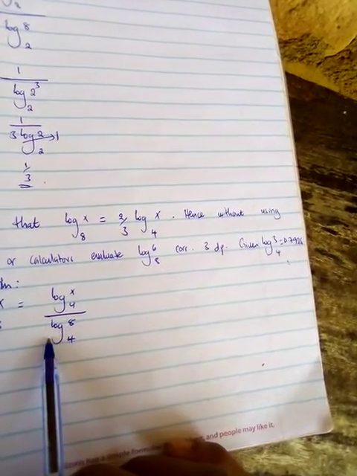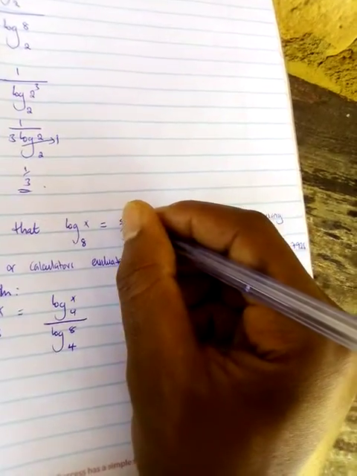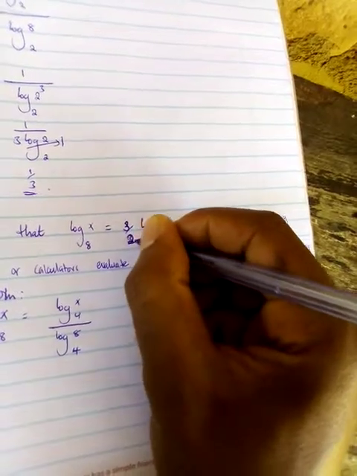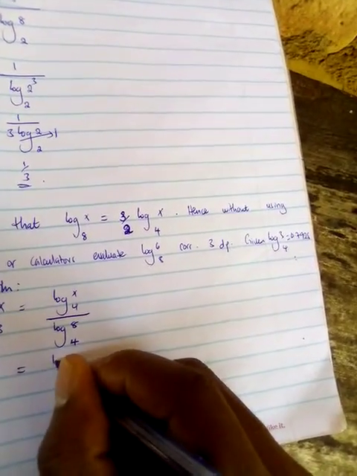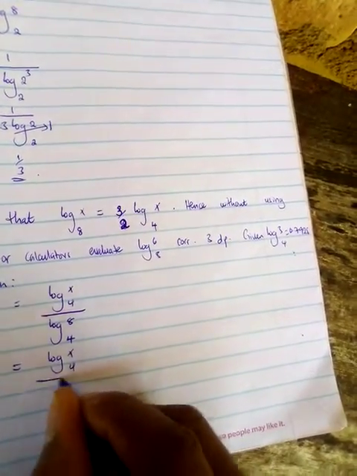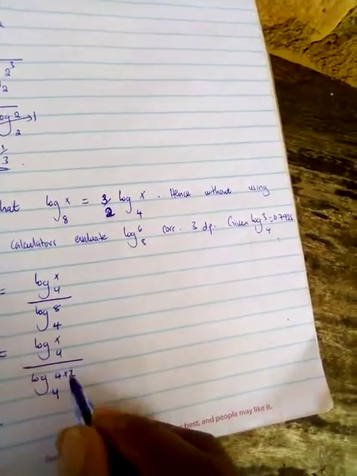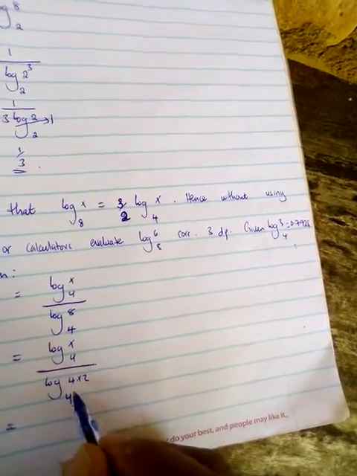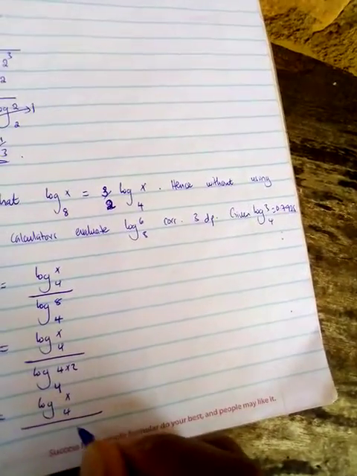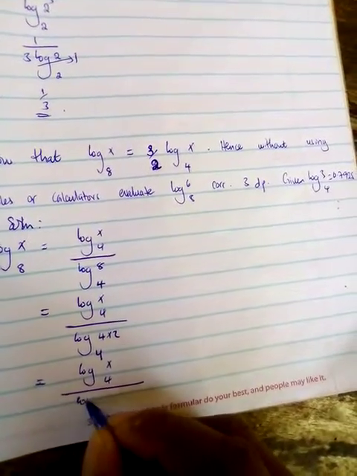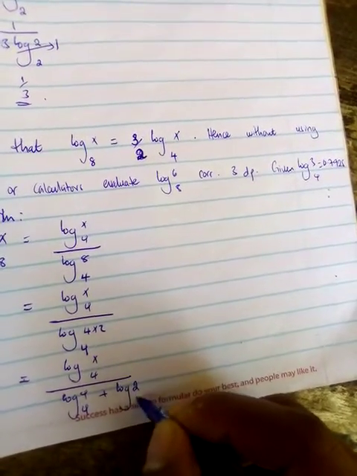I think this question, I see it is not very correct. Allow me correct it to a 3 out of 2, such that I can have the log of x to base 4 divided by the log of 4 times 2 to base 4. Then this is addition of log 4 and log of 2. So I have log of x to base 4 divided by the log of 4 to base 4 plus the log of 2 to base 4.